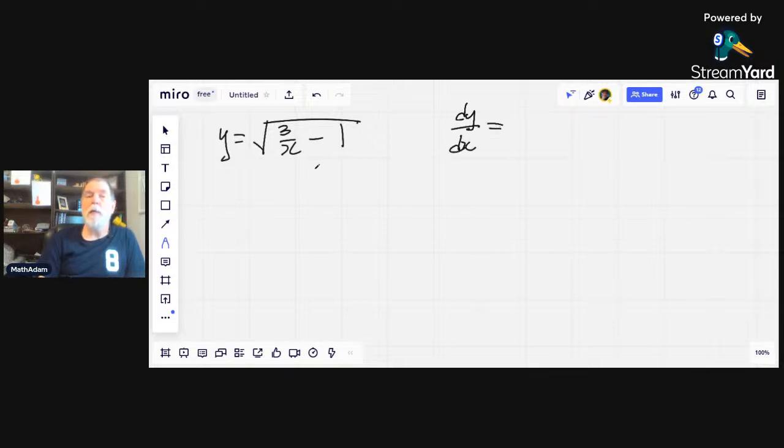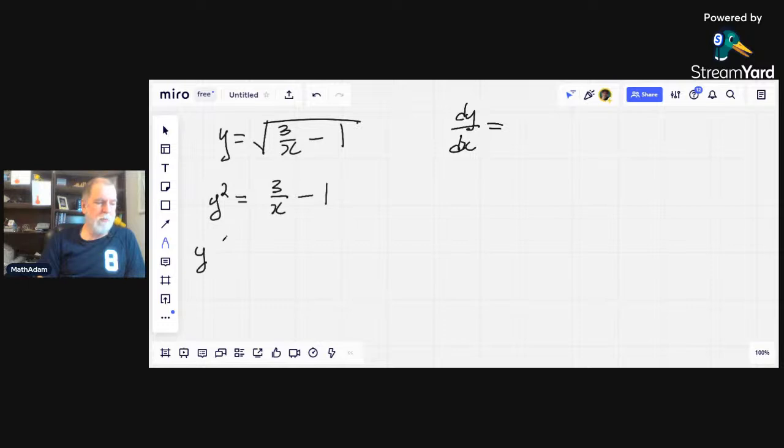So what I'm going to do is rewrite the function in terms of x. We'll square both sides and we get y squared equals 3 over x minus 1. Now let's bring that 1 over to the other side.